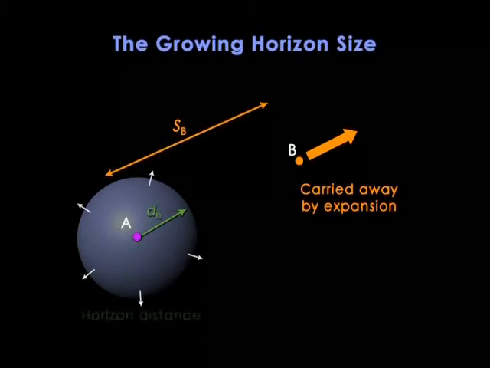Cosmologists call this the horizon distance. Basically, A can't see or feel anything beyond the horizon distance. There simply hasn't been time for light to cross a larger distance. So the key question is, has B ever been inside A's horizon? Could it ever have been in contact with A?